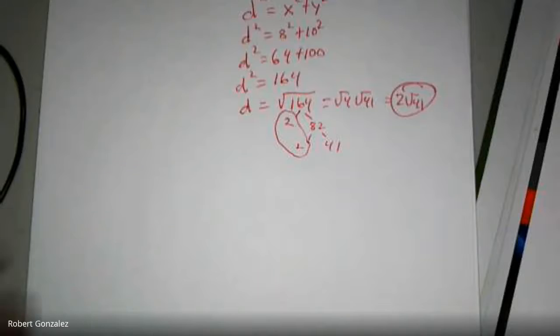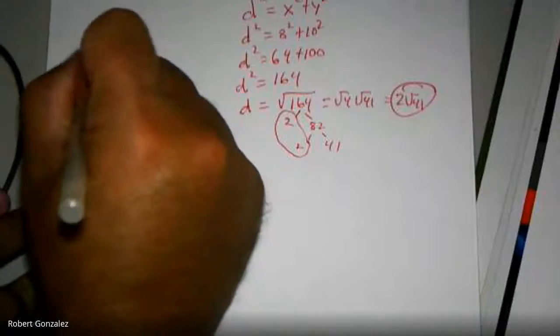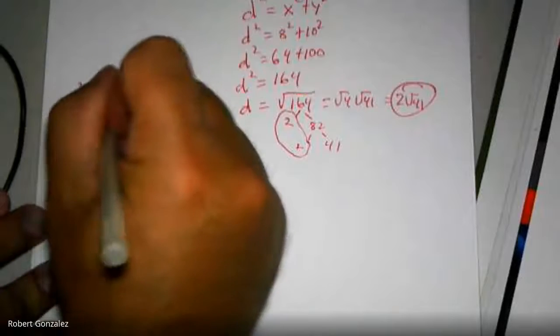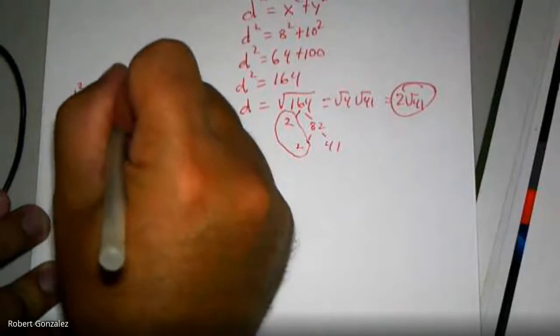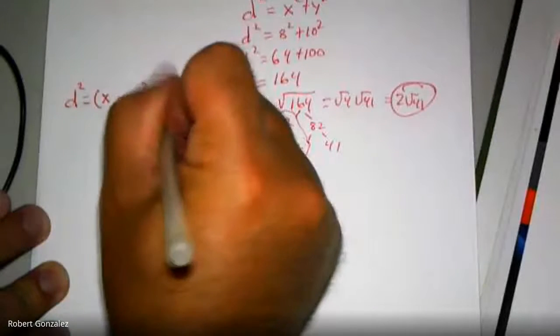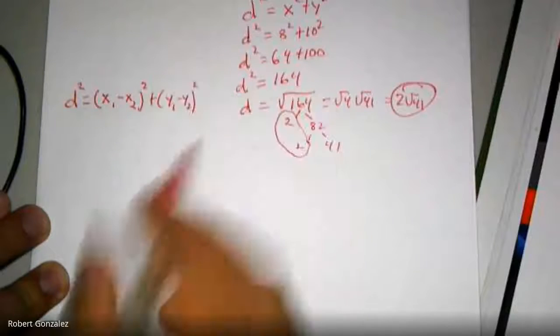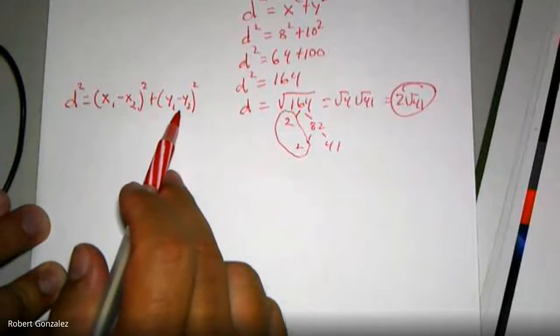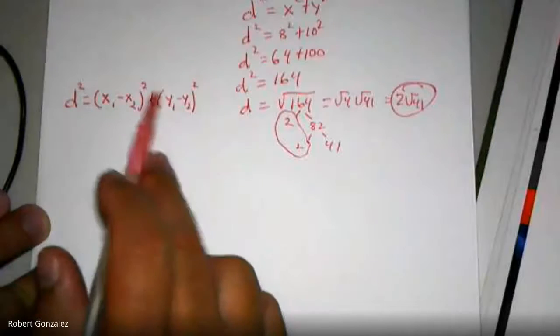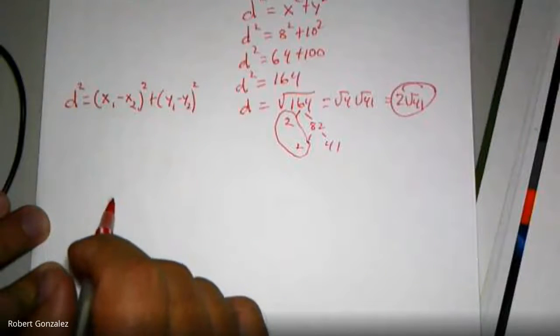We can write the entire distance formula using the Pythagorean theorem. If we use what we did above, we would notice that the distance squared is equal to the difference of the x coordinates squared plus the difference of the y coordinates squared. These are what were in our absolute values earlier. Notice that when you square them, they become positive anyways. We don't need the absolute values anymore.